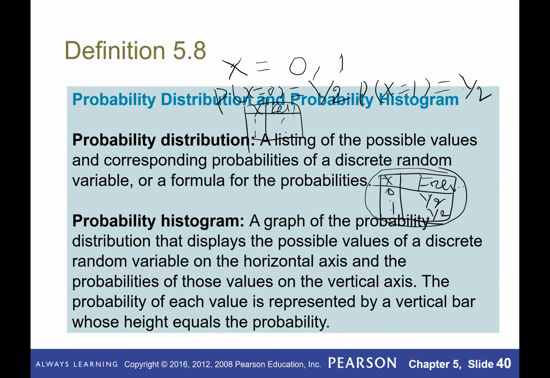This is called a probability distribution. So now based on this, we can construct a histogram, similar to the relative frequency or frequency. We constructed frequency distribution and relative frequency distribution. Similarly, we can construct a histogram for the probability distribution. This is called a probability histogram.